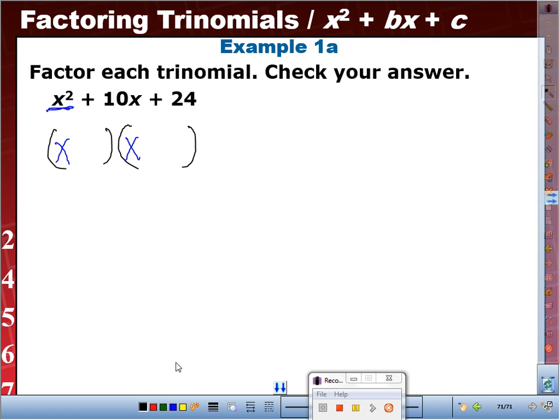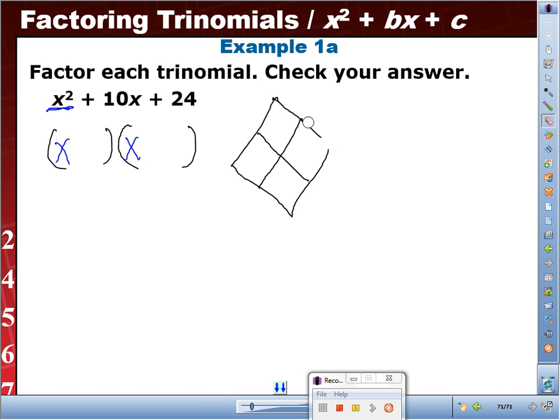But check this out. To make it easier, look up. Instead of drawing the whole thing like this, from now on, so that we don't spend too much time drawing, we'll just do that. And from now on, instead of calling it the diamond, we're going to call it the Power Rangers.